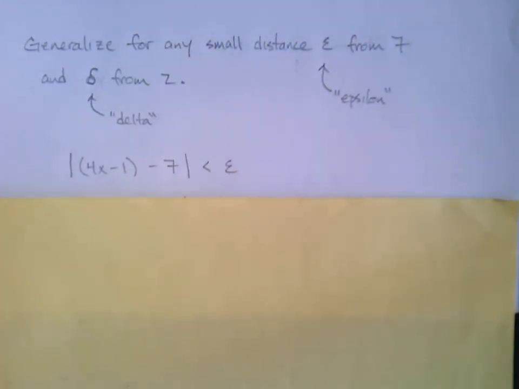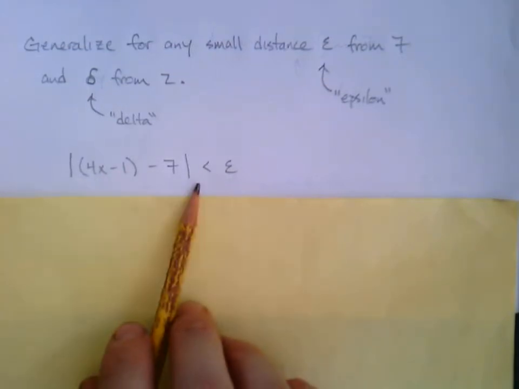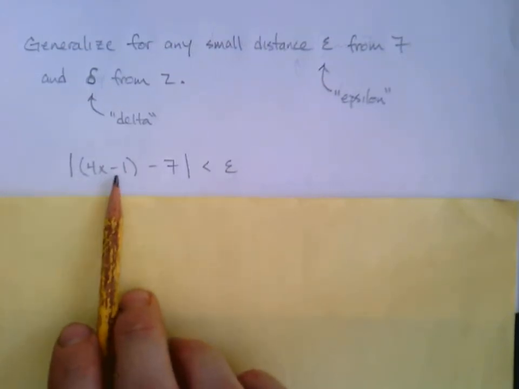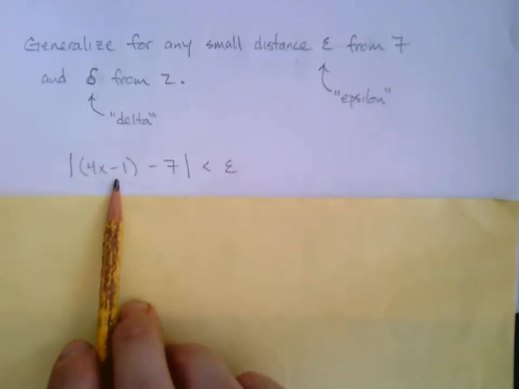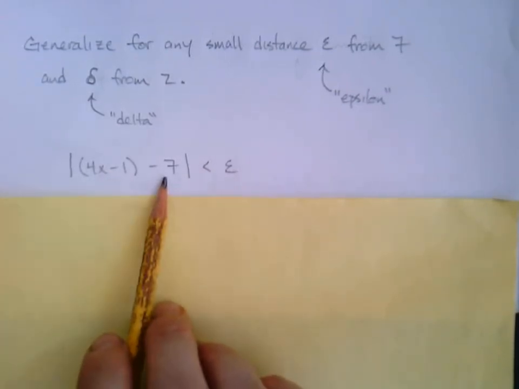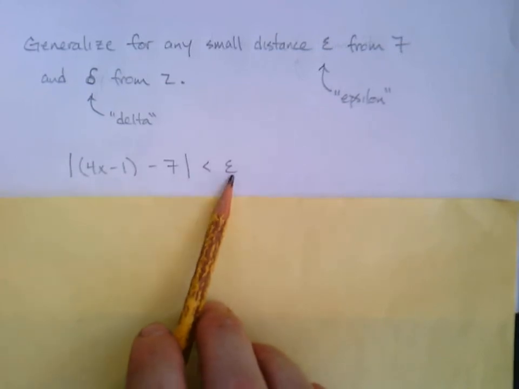But now we're using this variable epsilon that represents any small number that we like. So we've got the absolute value, 4x minus 1 minus 7, less than epsilon. So the difference between our function and 7 is within epsilon.